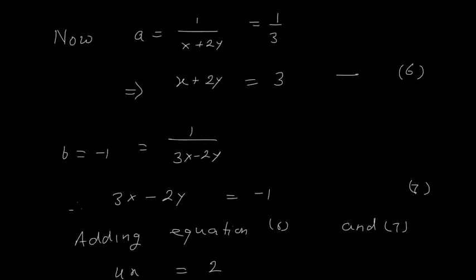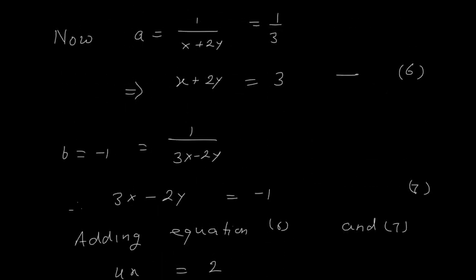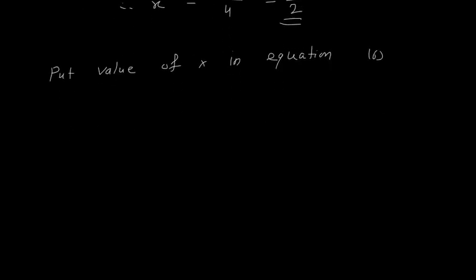Now put the value of x in equation 6. x plus 2y is 3. So therefore the value of x is 1 by 2, plus 2y is 3.